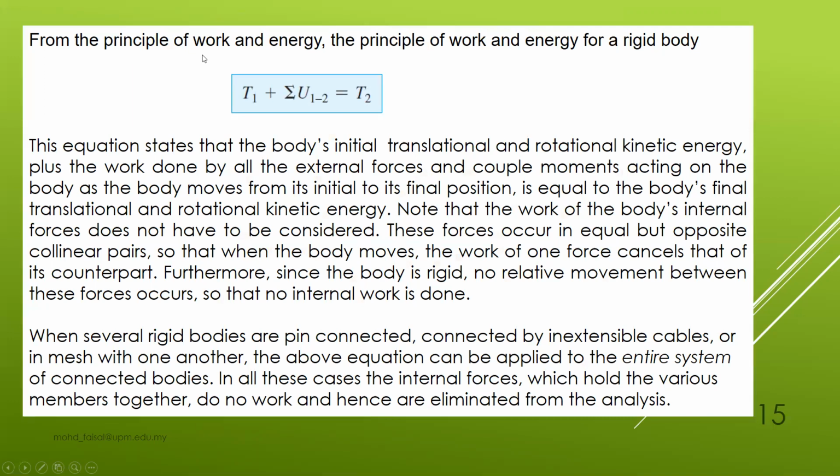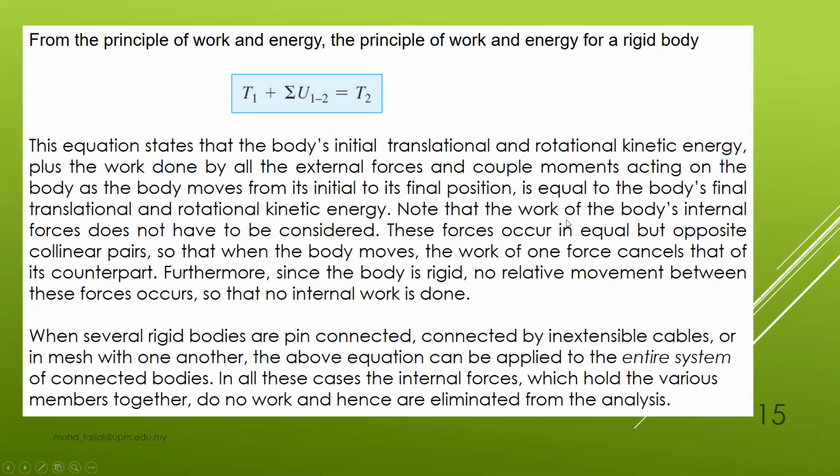From the principle of work and energy, the principle of work energy for rigid body can be shown like so. This equation states that the body initial translational and rotational kinetic energy plus the work done by the external force and couple moment acting on the body as the body moves from its initial to its final position is equal to the body final translational and rotational kinetic energy.